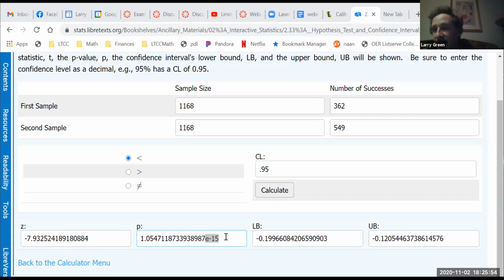You still have that, but if you use the word strong, that means the p-value is tiny, and this one's as tiny as it gets. So here you can even use very strong. You can really emphasize it. So you have very strong statistically significant evidence that the yes vote percent for the whole California is smaller than the no vote percent for all of California.